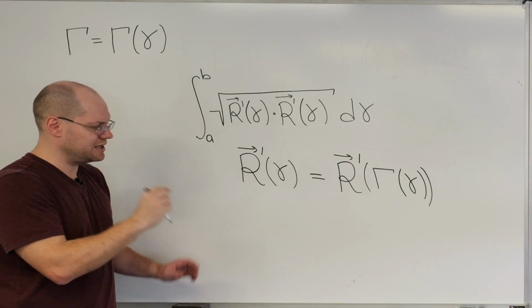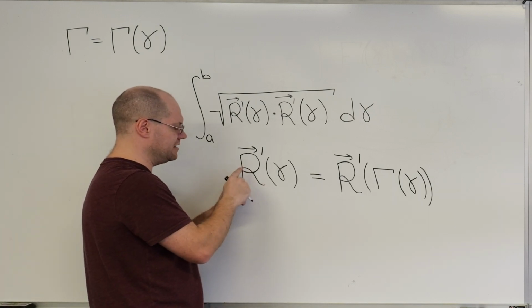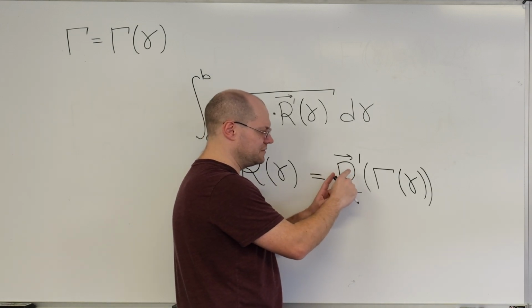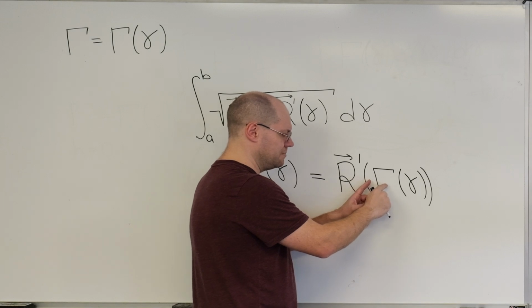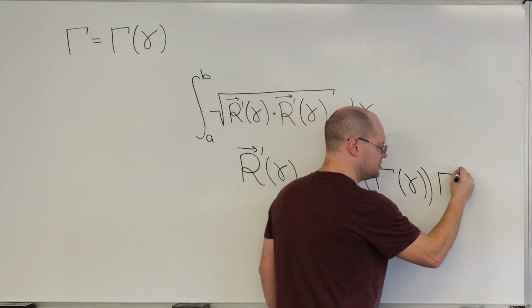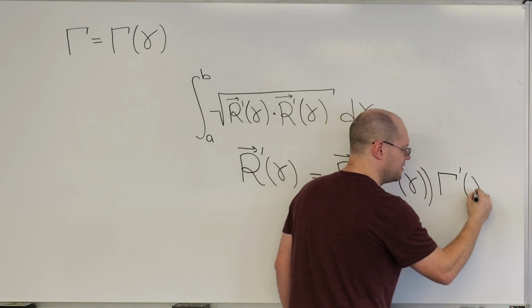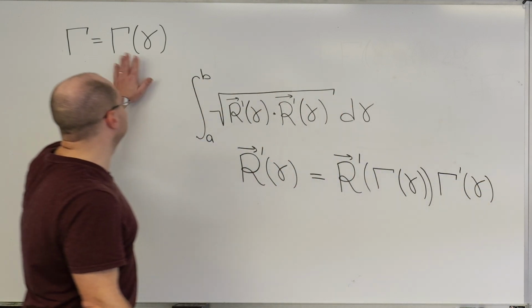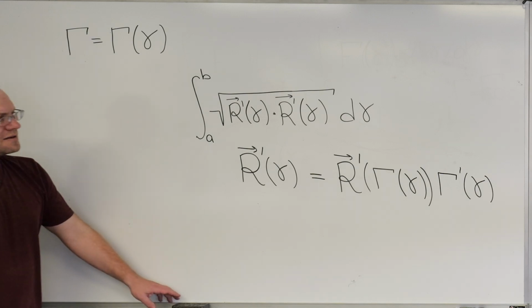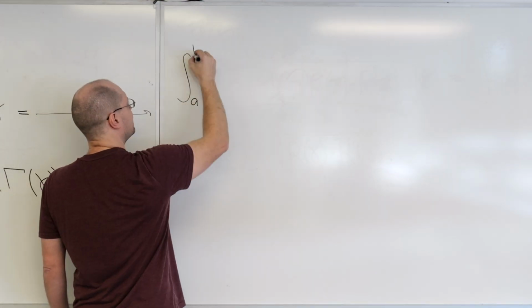You just have to say, okay, here I'm differentiating the position vector as a function of little gamma, and this is the derivative of the position vector as a function of big gamma. And then, of course, by the chain rule, I have to take the derivative of the change of variables function right here. Okay? Fantastic. Let's plug it in.